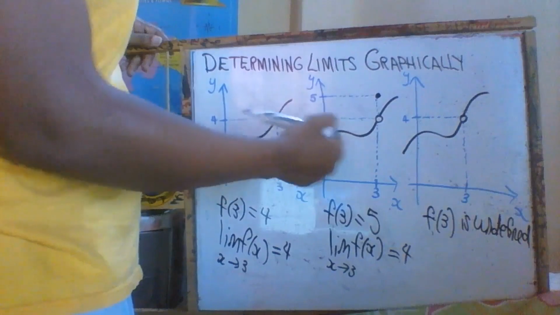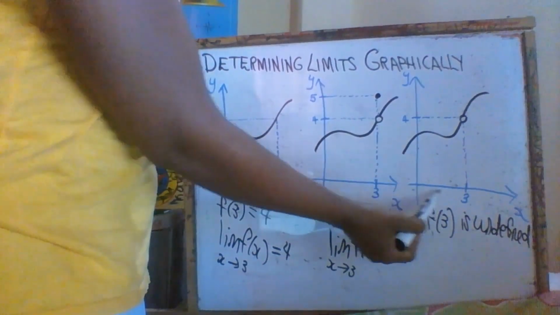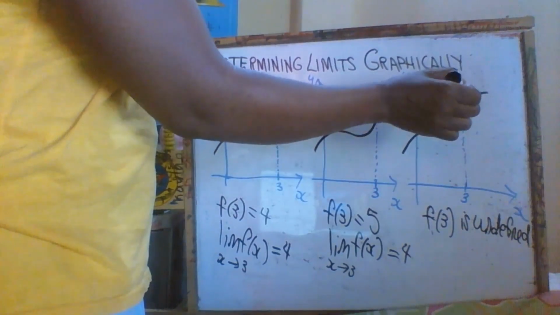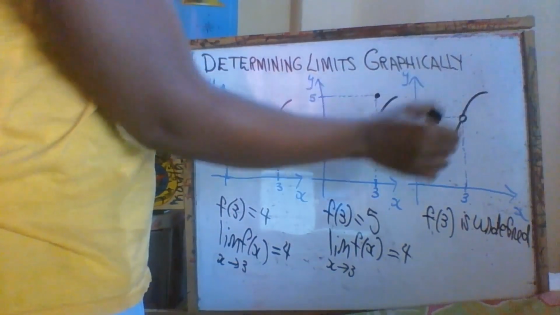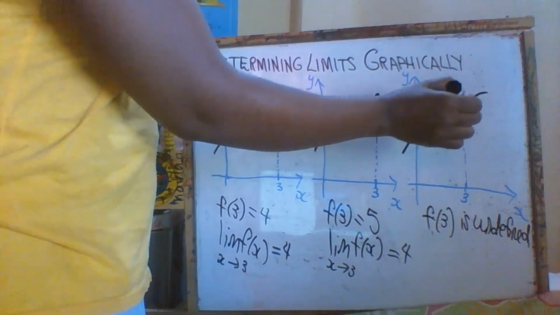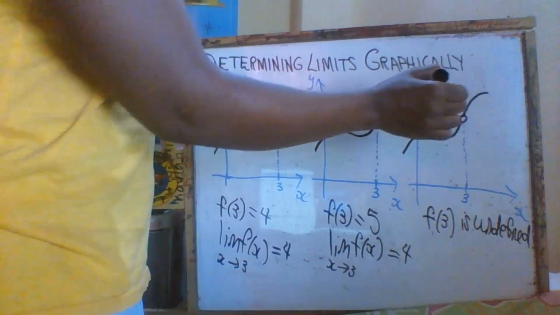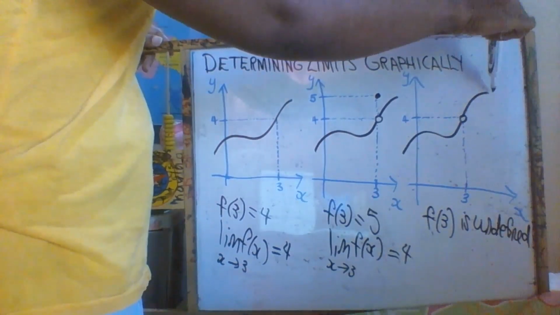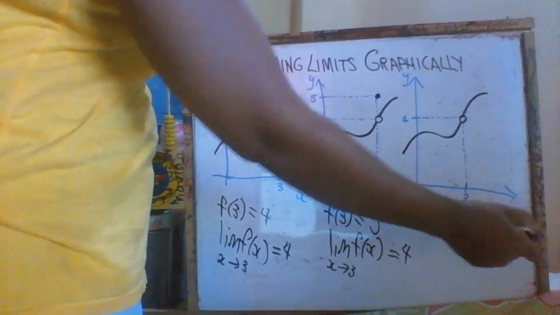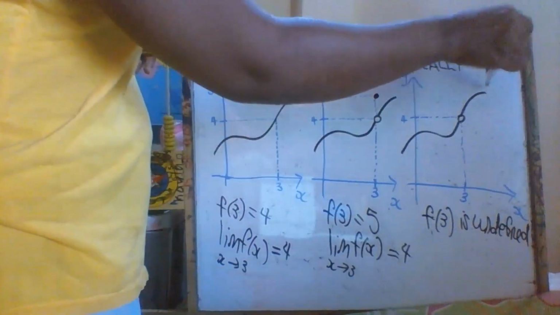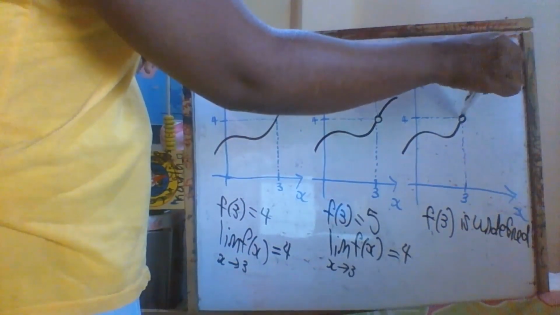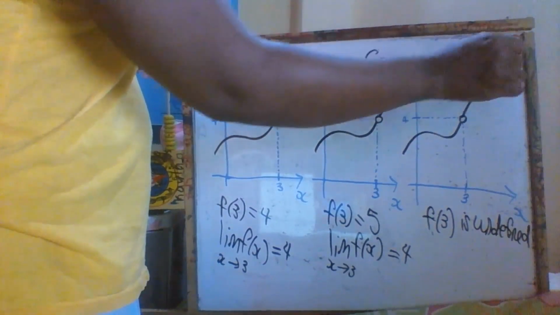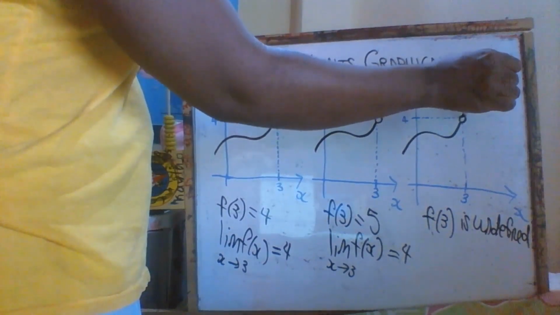The limit, however, if we're going towards 3 from the left, so we're on the curve and we're heading towards x equals 3, which is this spot, right? Going along, at this spot your y value is 4. And even from the right side, as you're heading towards x equals 3 from the right, so you're on the road and you're driving towards this spot, even though there's a gap there, we don't care about what actually happens at that point.